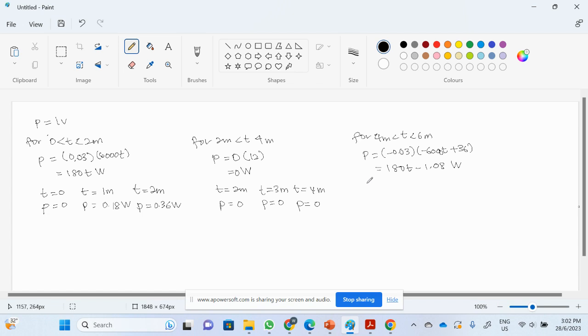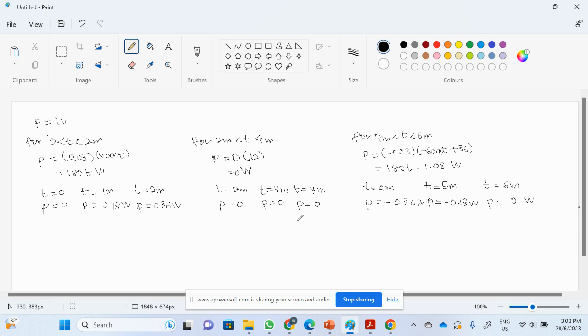Then you can substitute for T equals 4 milli, P will be negative 0.36. For T equals 5 milli, P will be negative 0.18 watt. For T equals 6 milli, P equals 0 watt.